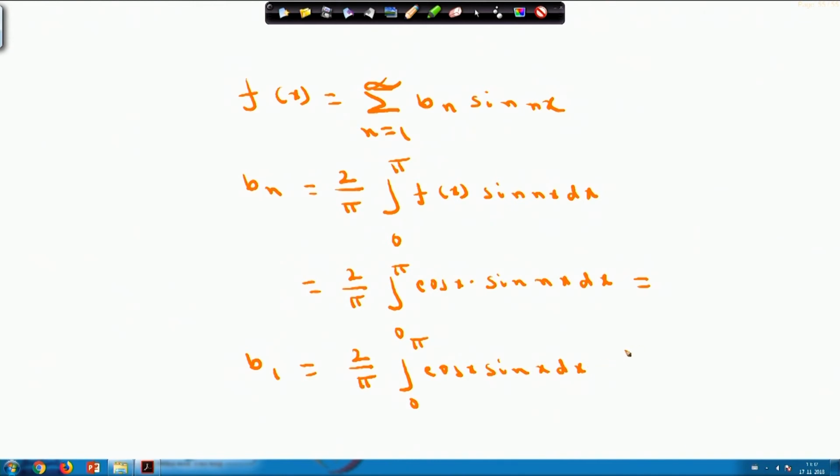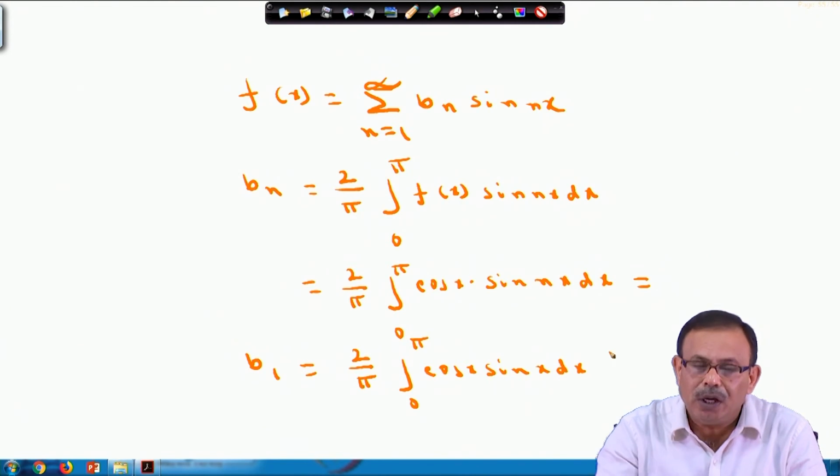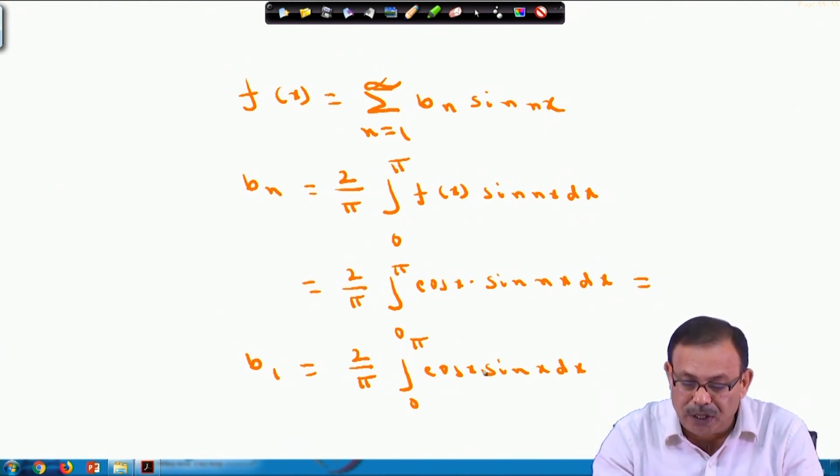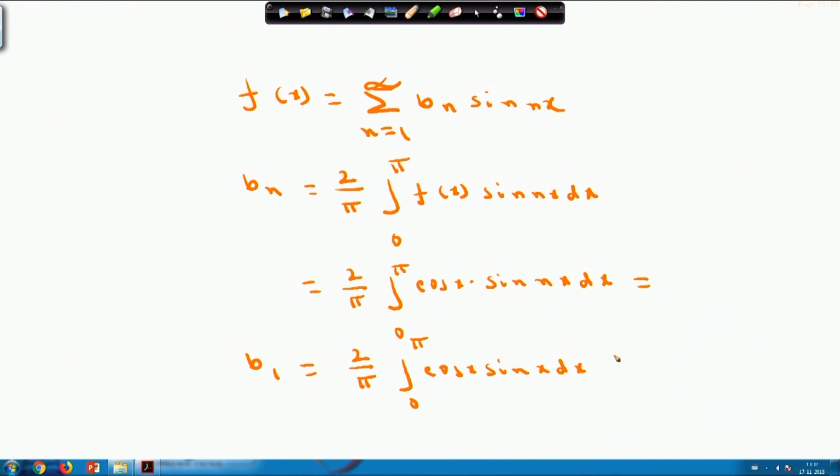I have to check in this case. So, b 1 is 2 by pi, 0 to pi, cos x into sin x dx. This equals 2 by pi into sin square x by 2, 0 to pi. sin 0 is 0, sin pi is 0. So, the value is 0. Therefore, we are getting b 1 as 0.